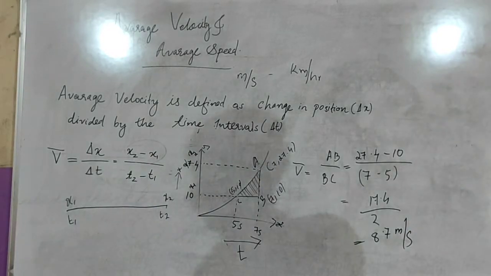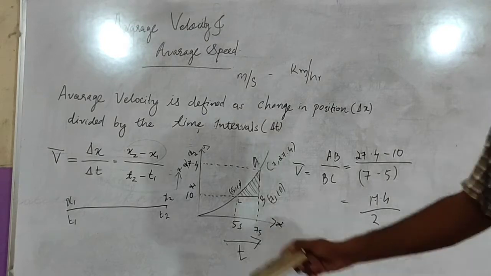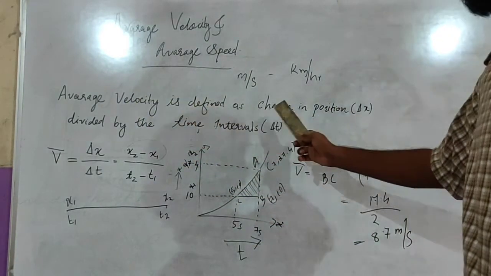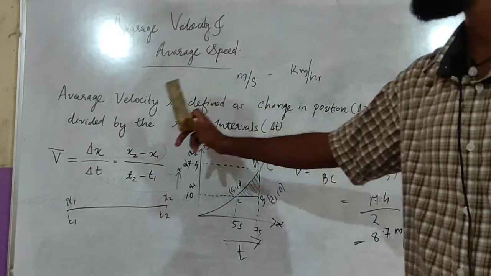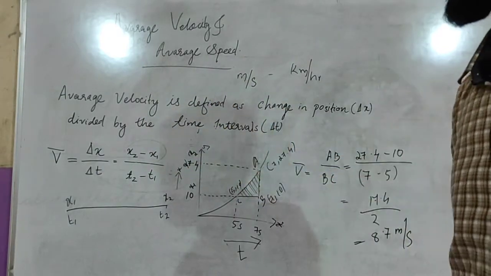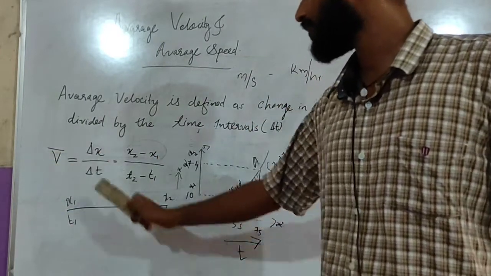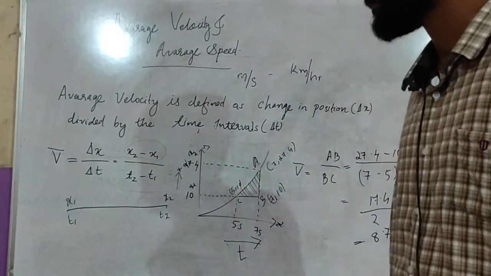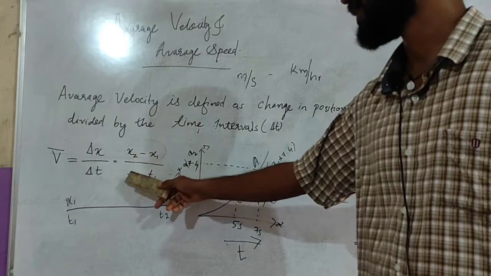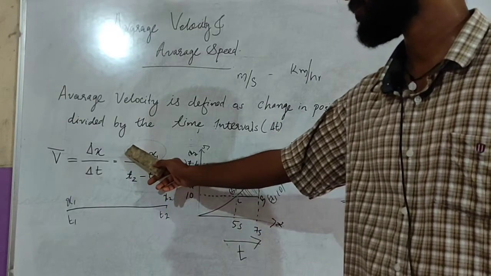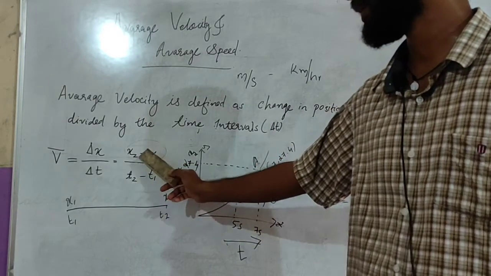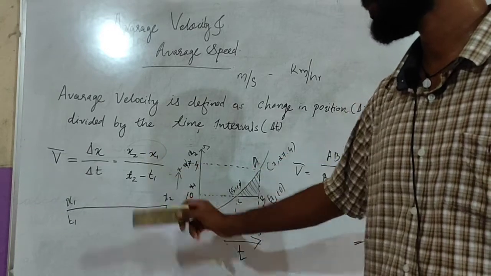So, these are the major things that you have to remember regarding the average velocity. First of all, the definition: average velocity is defined as change in position divided by the time interval. It is denoted as V bar, which is equal to delta x divided by delta t, and that is equal to x2 minus x1 divided by t2 minus t1. x2 is the position at time t2 and x1 is the position at time t1.